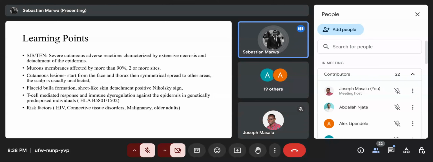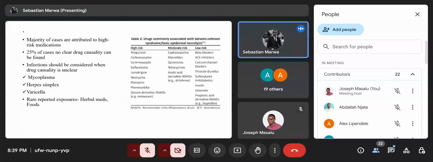Also, malignancy is a risk factor for SJS/TEN. Older individuals, 50 years and above, are also highly prone to SJS/TEN in comparison to younger patients.